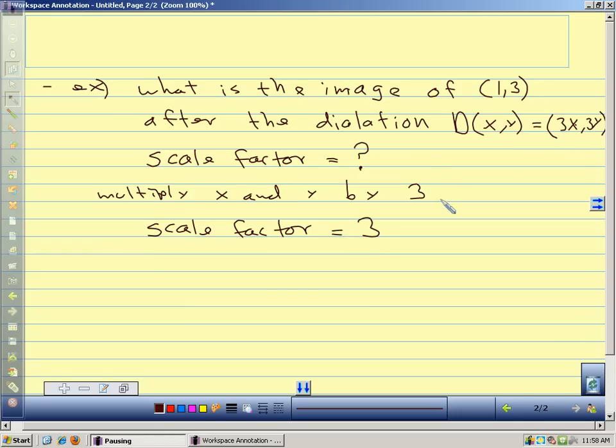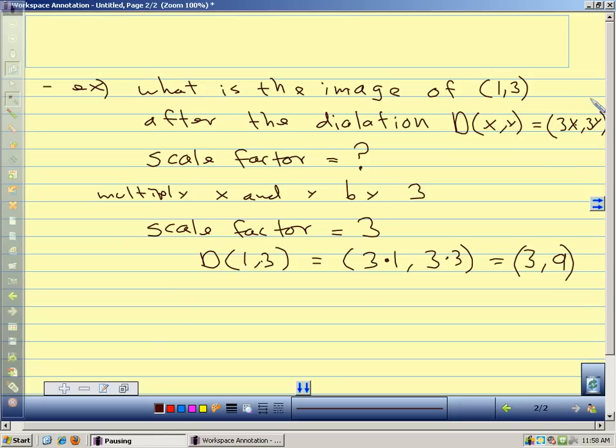And our dilation, instead of xy, I'm going to write 1, 3. The dilation of 1, 3 is just 3 times 1 for the x, and 3 times 3 for the y, and that gives me 3, 9. So that's all this question is asking us.